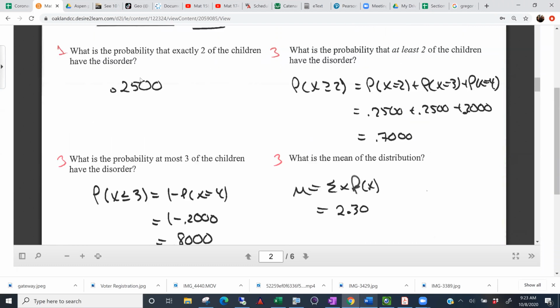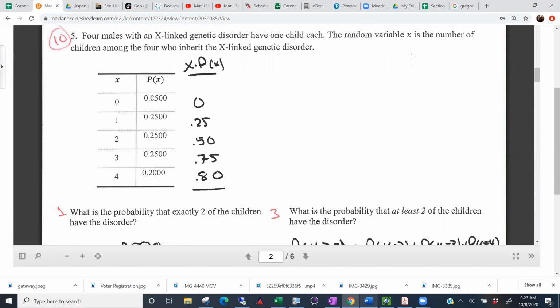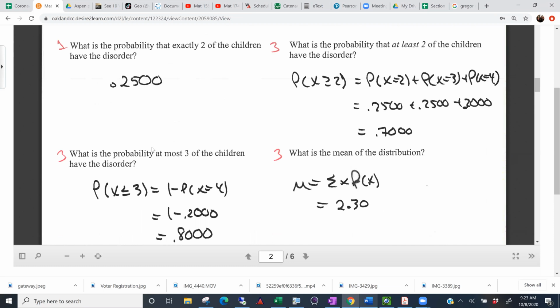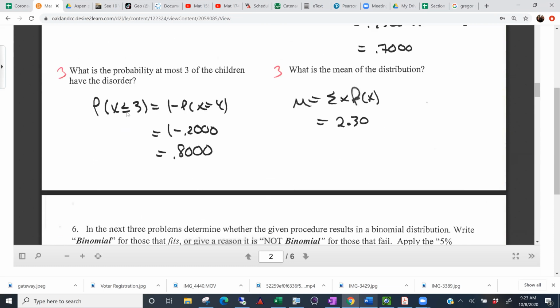Now, one way you could answer that problem is to simply add up 0, 1, 2, and 3, which isn't hard for something like this at all. But the idea that I chose here was to use the complement rule. Instead of adding up all 4 of those, I said, let's use the complement. It's going to be 1 minus the probability that X equals 4. And I get the same thing. It's not a big deal there, but it is here.